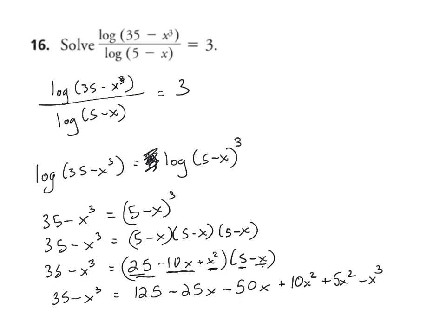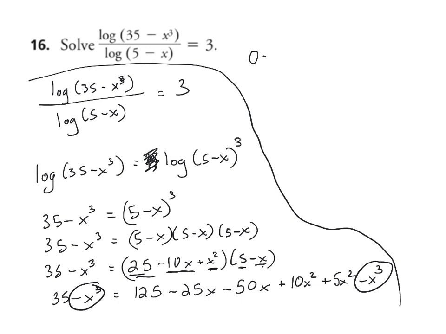Okay, well right away I can see that I can add x cubed to both sides, and that'll just get rid of that. So we have 35. I'm just going to put everything to the right hand side. So that 35 is going to come to the right. So we're going to have 0 equals, we got 10x squared and 5x squared, so 15x squared.